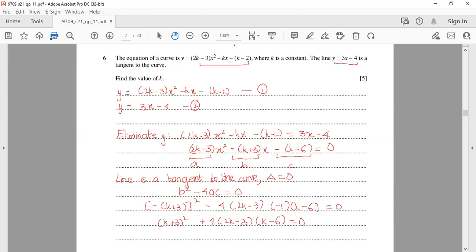Okay, from here you can simplify. So k squared plus 6k plus 9 plus 8k minus 12 into k minus 6 is equal to 0.